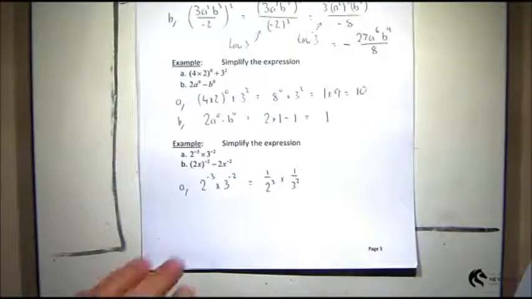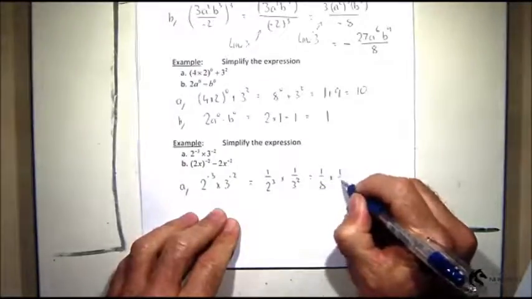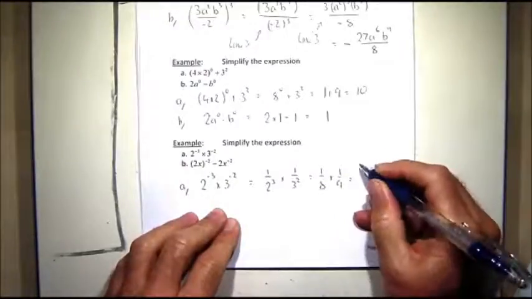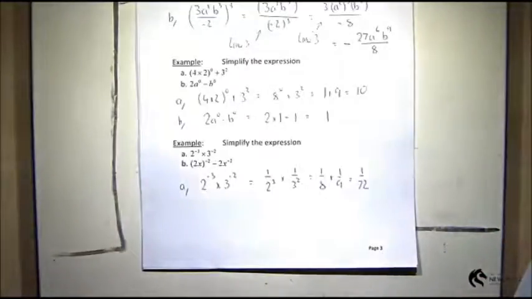Now 2 cubed is 8, 3 squared is 9, and so I end up here with 1 on 72. I used law 6 several times.